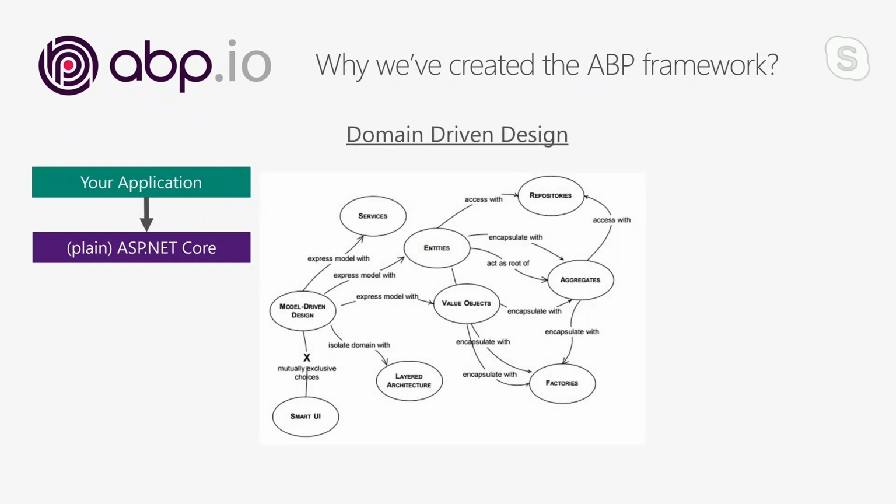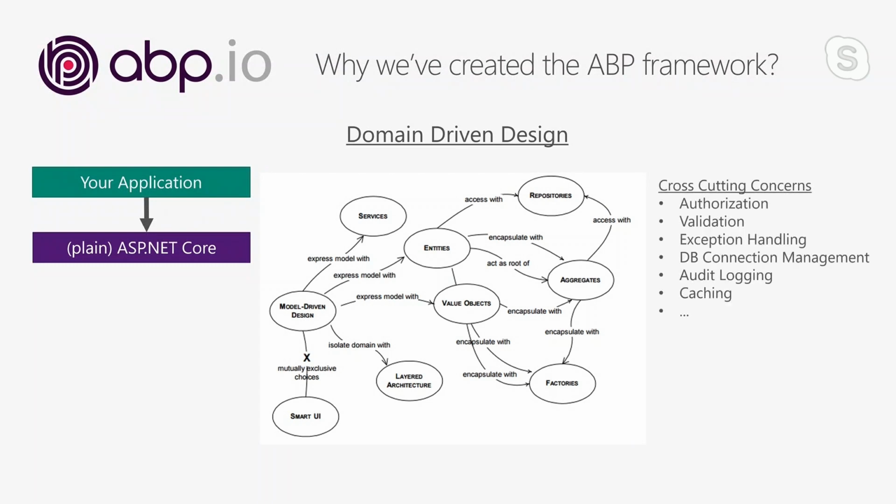You need to decide on an architecture, say a layered architecture based on domain-driven design or clean architecture principles. You will write some action filters or interceptors to automate cross-cutting concerns like authorization, validation, exception handling, database transaction management, audit logging, caching, and so on. You definitely don't want to repeat these logics in every service method.